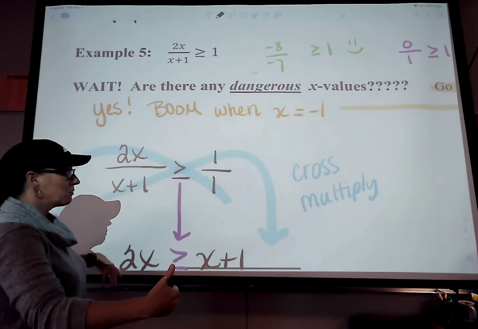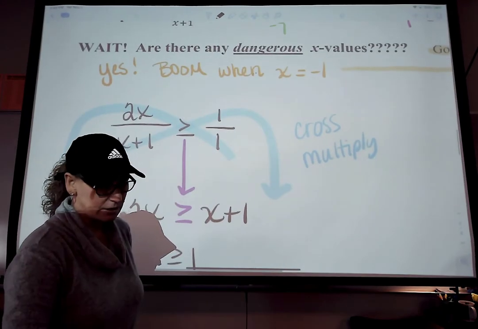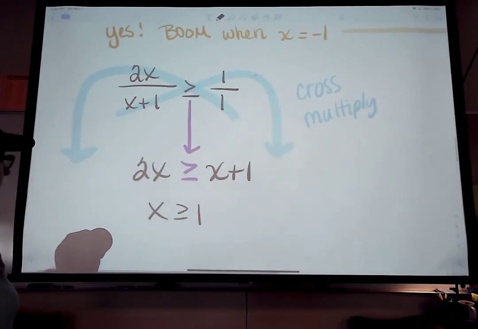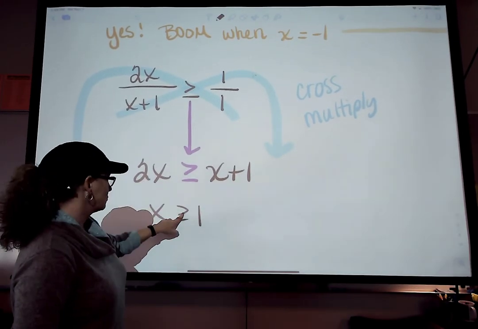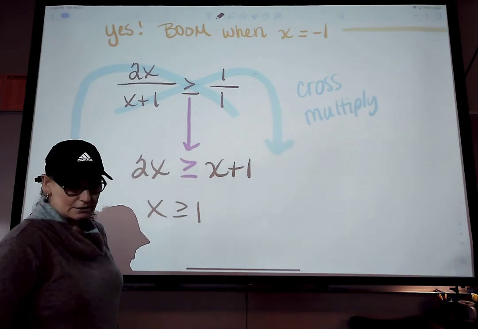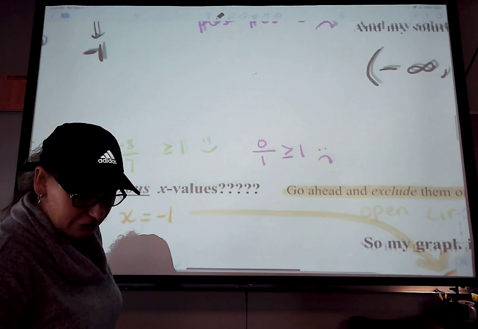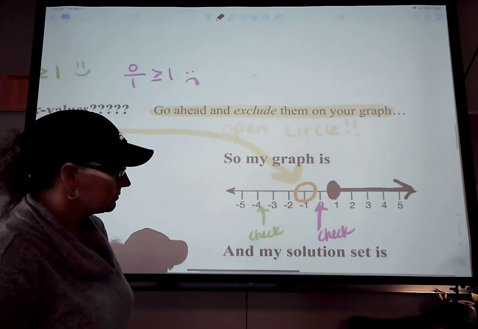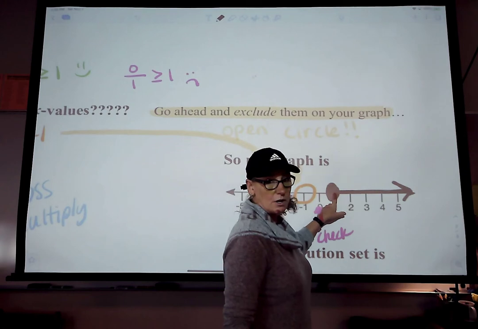And if you do it that way, your symbol can come straight down. Okay? And then I subtracted x from each side, and I got x is greater than or equal to 1. So I went ahead and colored it in.